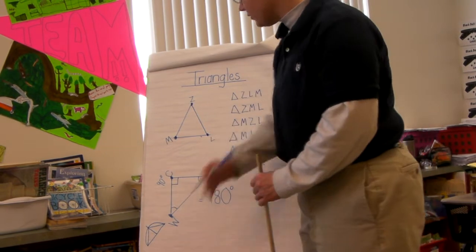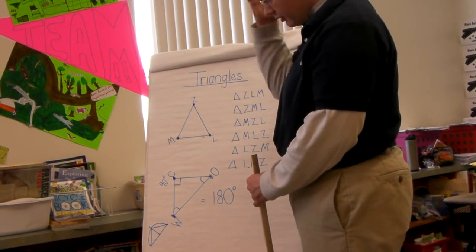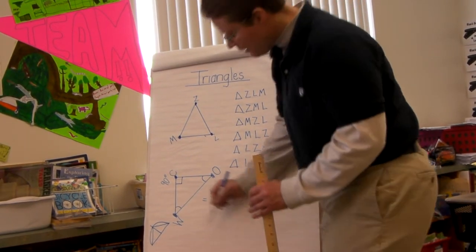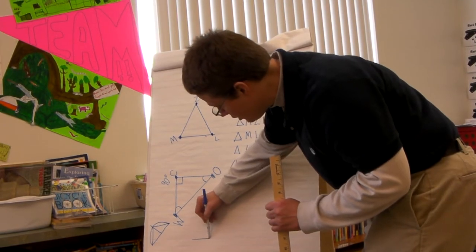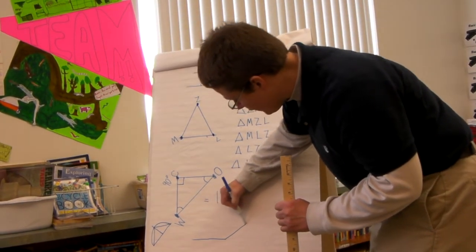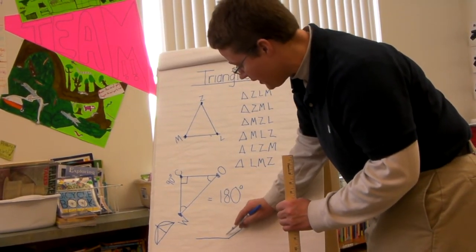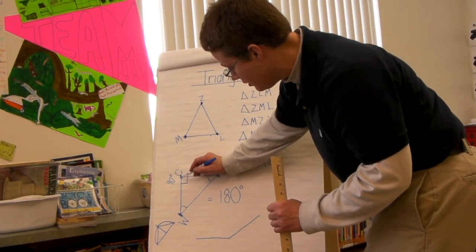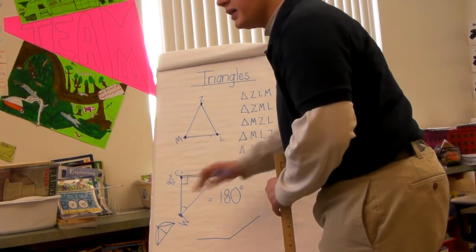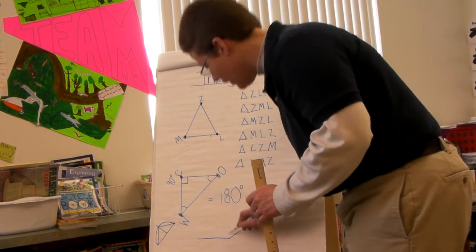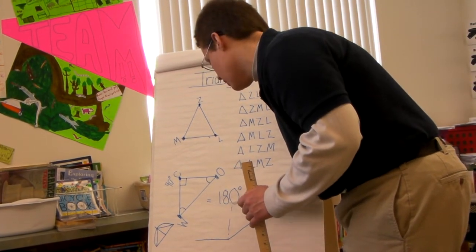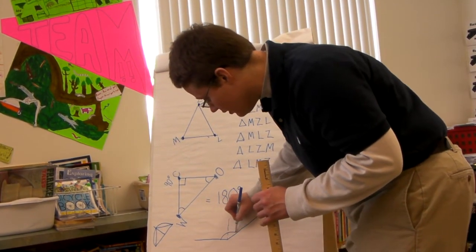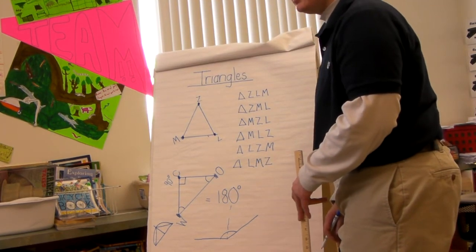So we have a right triangle here. But you should be able to think about that, because sometimes the question might ask you if the angle is bigger or less than a right angle. Bigger or less than 90. Well, you know 90 goes straight up and down. So this one's got to be bigger, right?